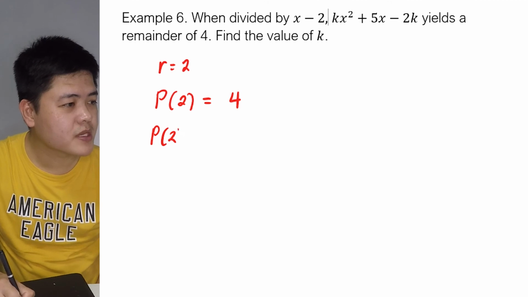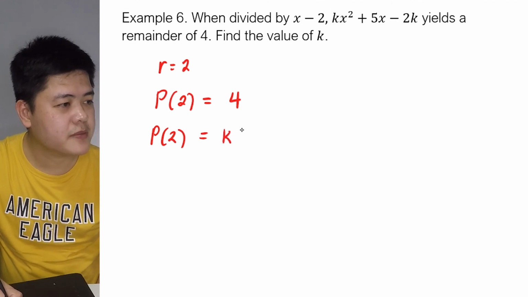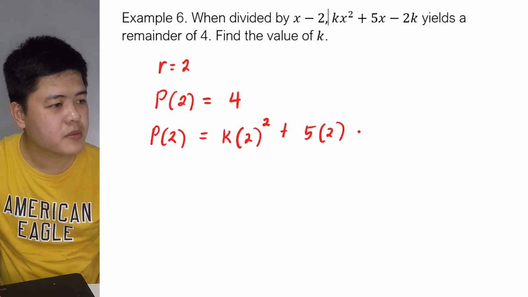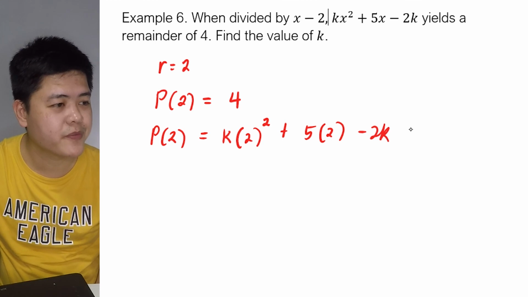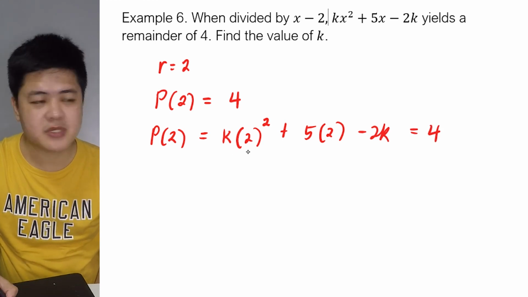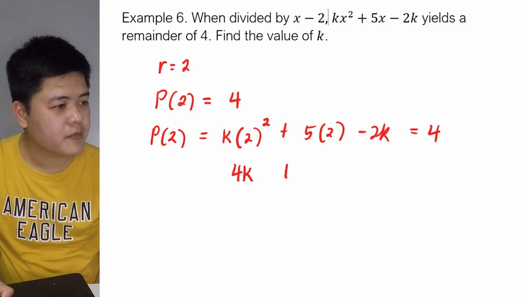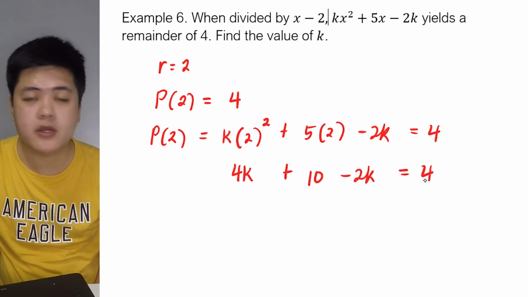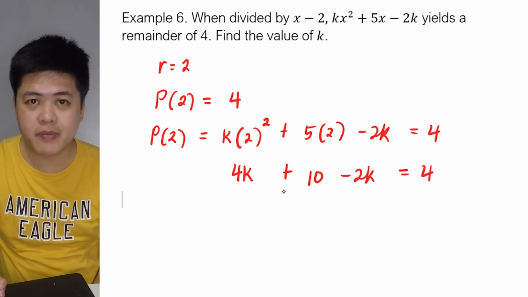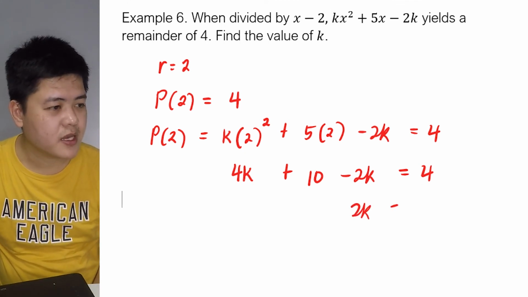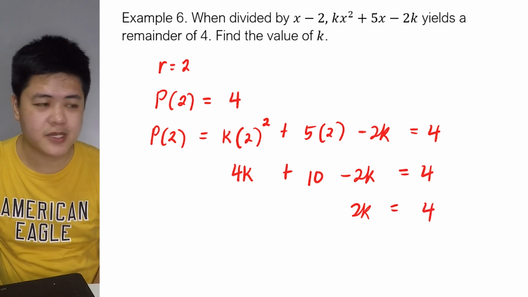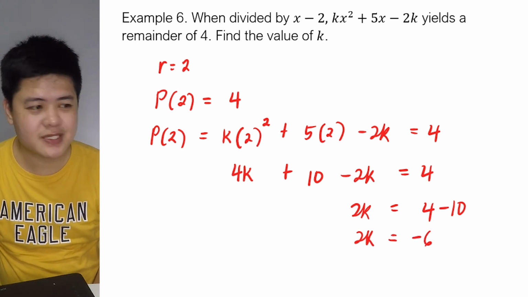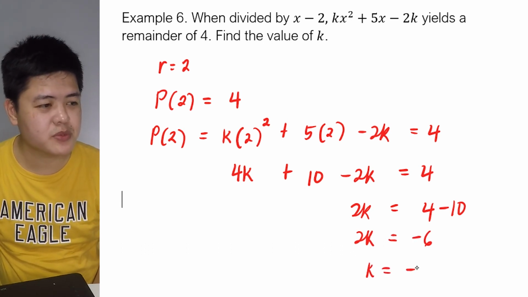P of 2 is equal to k times 2 squared plus 5 times 2 minus 2k, and this is equivalent to 4. So we have 4k plus 10 minus 2k equals 4. Let's combine like terms. We have 4k minus 2k, that is 2k, equals 4, and then we put 10 on the other side, so minus 10. So 2k is equal to minus 6, and therefore k is equal to minus 3.